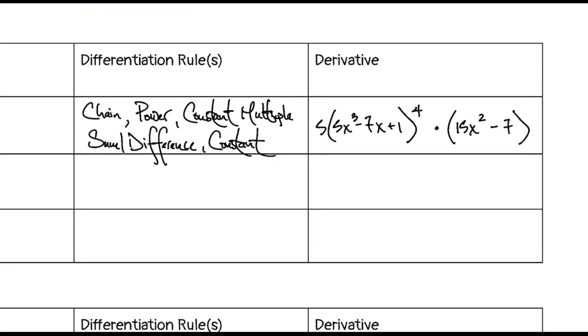I cannot for the life of me remember what colors we used on Thursday, so we're just going to pick new colors. This would be our f prime of g of x. And then this would be our g prime of x.